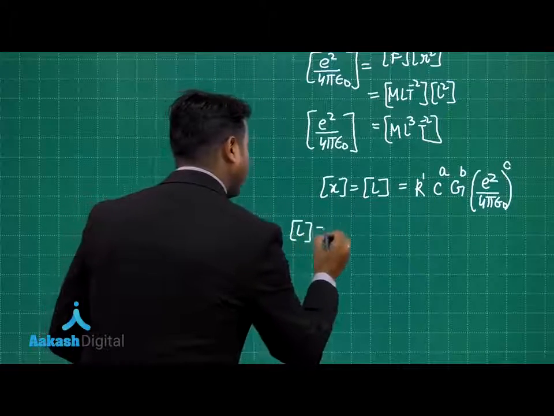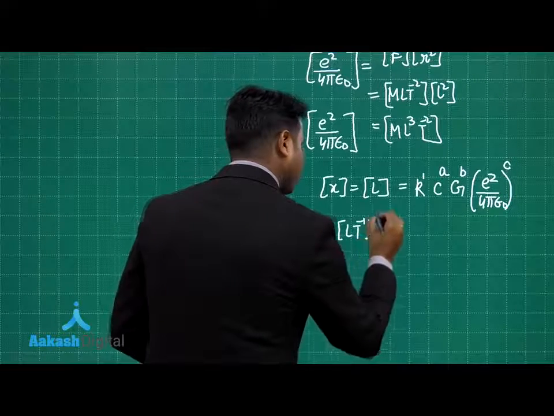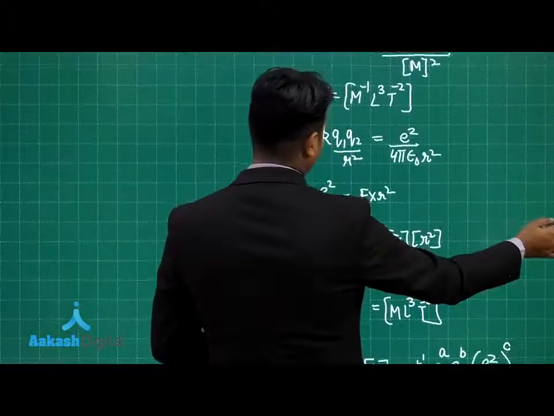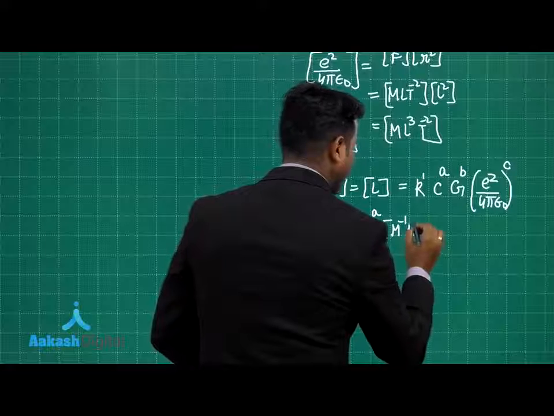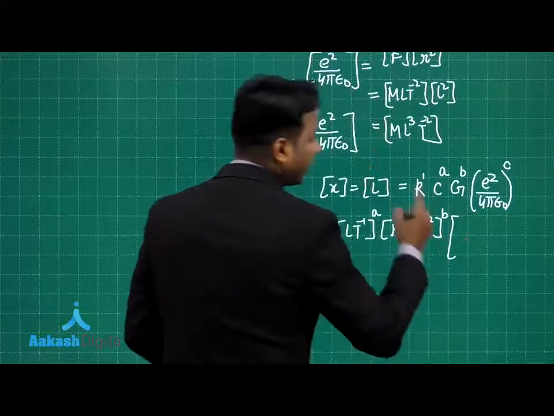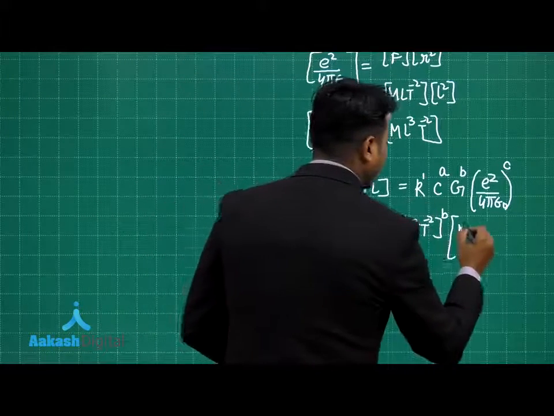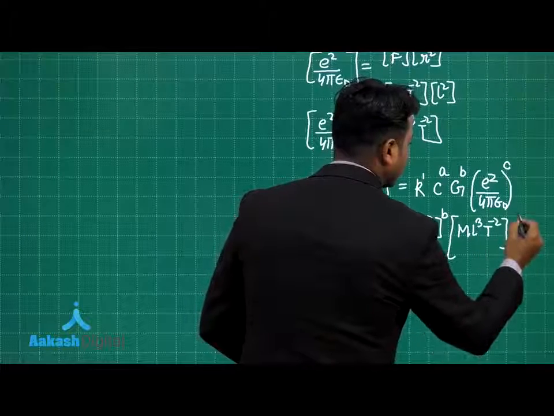So the dimension of L is equal to LT^-1 to the power a, then for the gravitational constant the dimension is M^-1 L^3 T^-2 to the power b, and then we have the dimension of e square by 4 pi epsilon naught as M L^3 T^-2 to the power c.